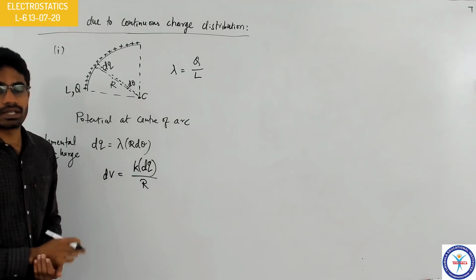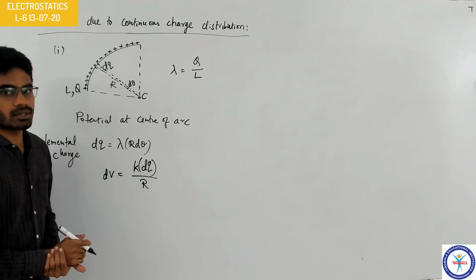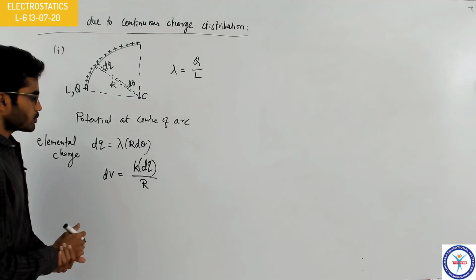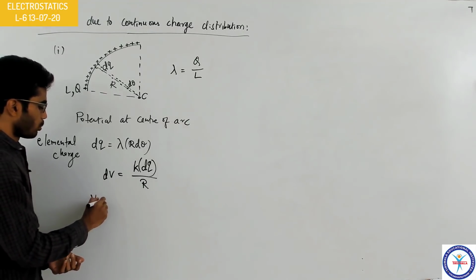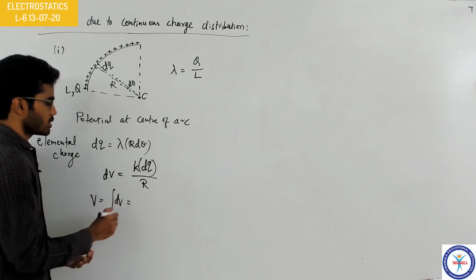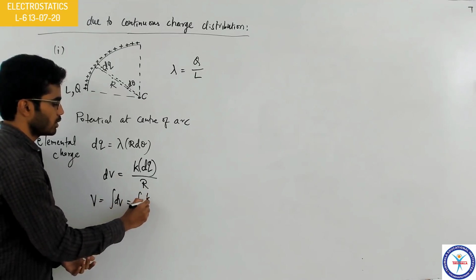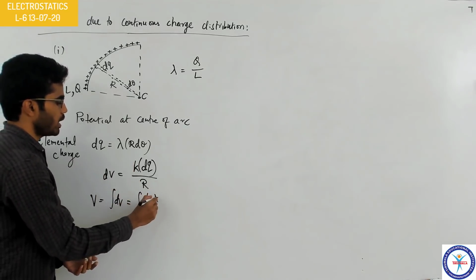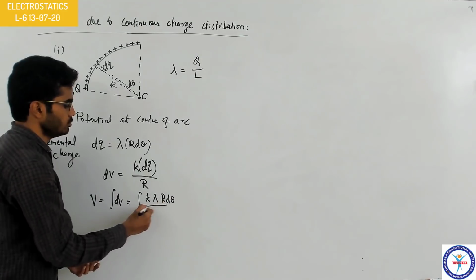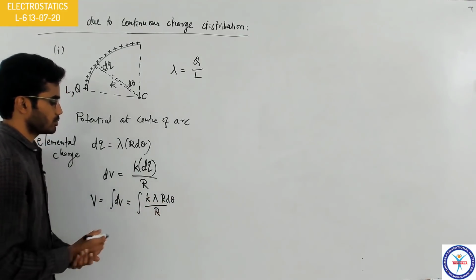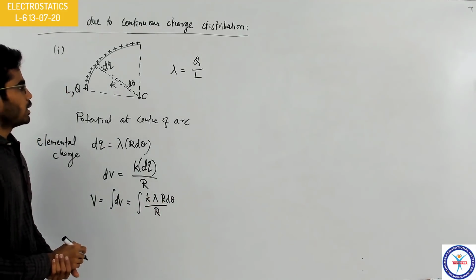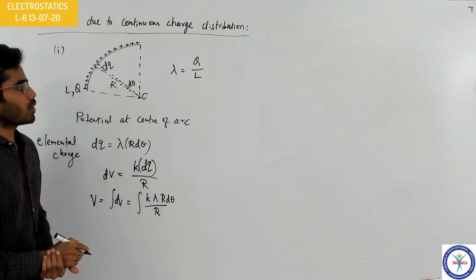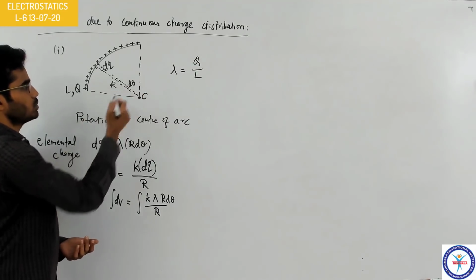So if you want to calculate the total potential, you have to integrate this equation. Integral dV is equal to integral k dq, which is lambda r d theta, by r. D theta varies from one particular angle to the other.